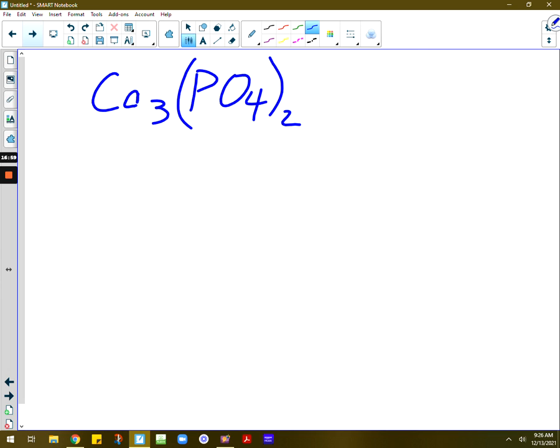Okay. Well, that's definitely ionic because I've got a metal right here and a polyatomic nonmetal ion right here. So I'm going to consult my blue chart. First of all, I look to see what the name of my metal is. I find it's calcium.